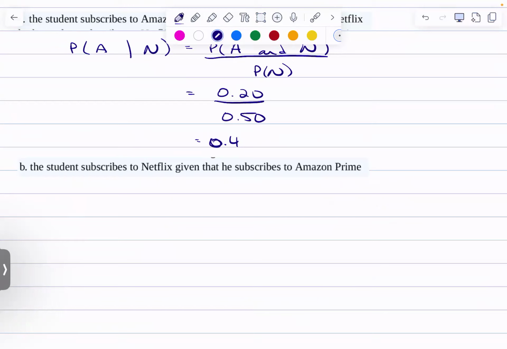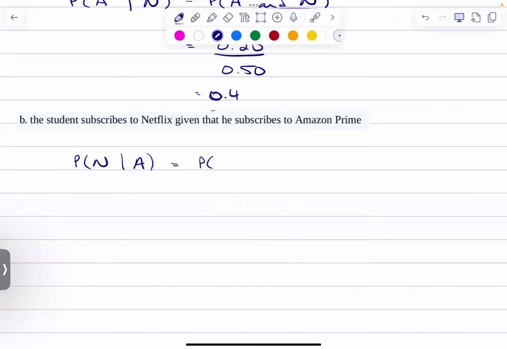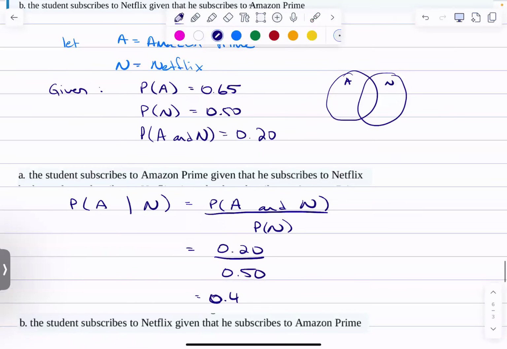So this is going to be the probability of N given A. I suspect that these will not be the same, but the probability of N and A, we know, because this is also the probability of A and N. Being able to switcheroo those is key.